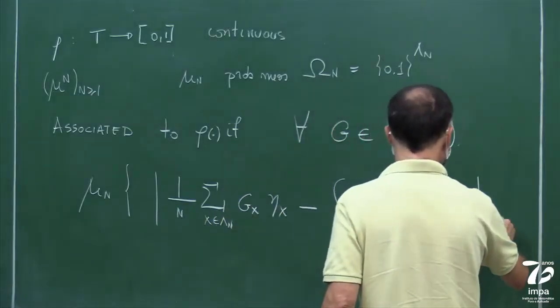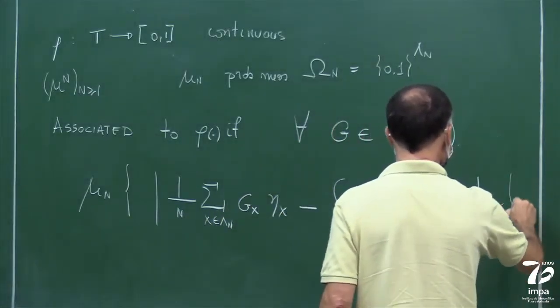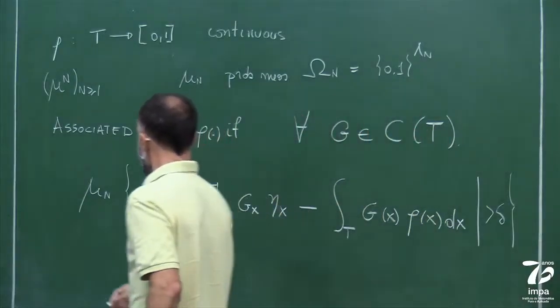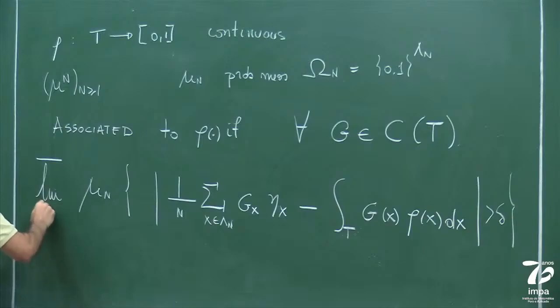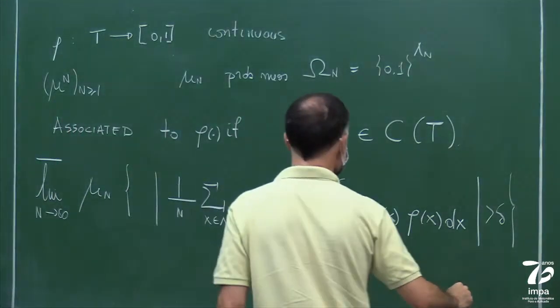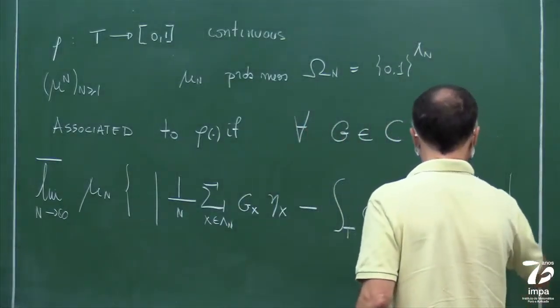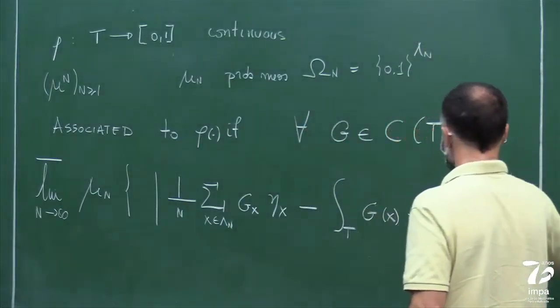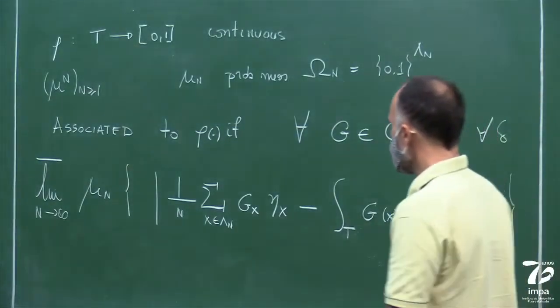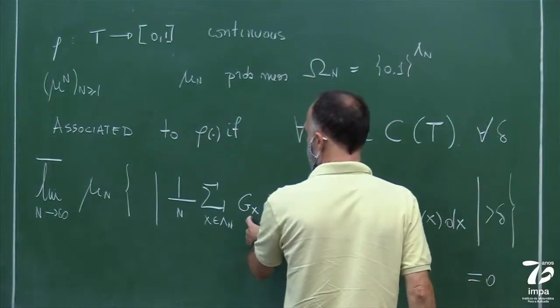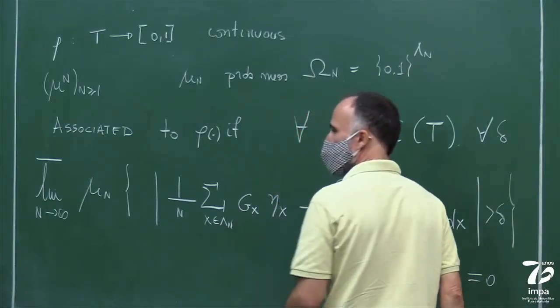Okay? And I want that to be larger than delta, and that the limsup as n goes to infinity of this is 0 for all g and for all delta. Okay, so you're averaging your configuration with a function g.